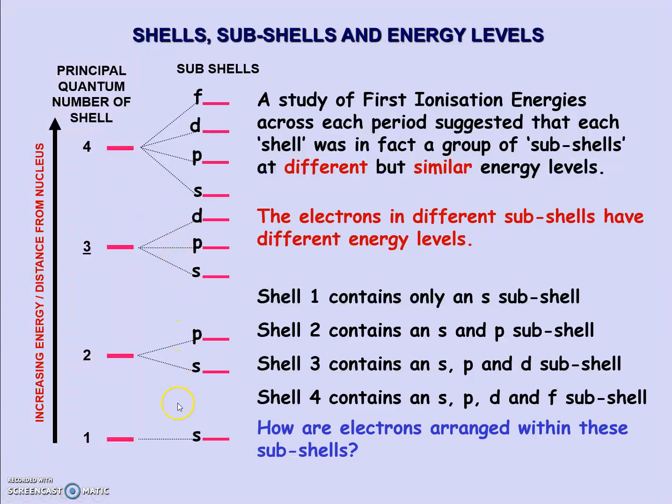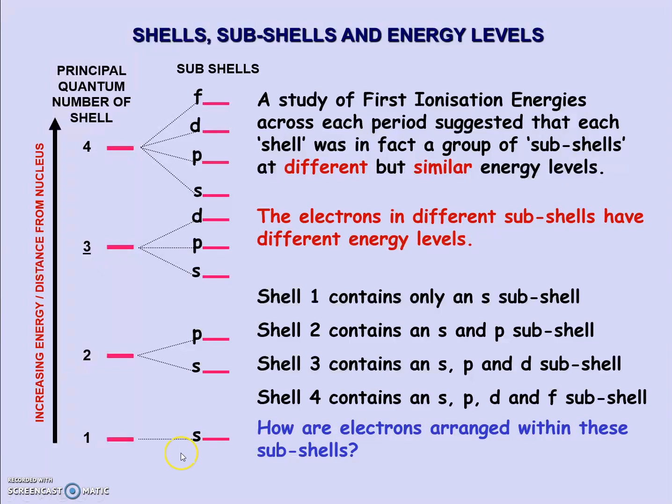Now, the other striking thing about this diagram is that the shells are split up into these different sections here, which we call subshells. The confusing aspect initially is that there is no consistency in the subshells between the different energy levels.